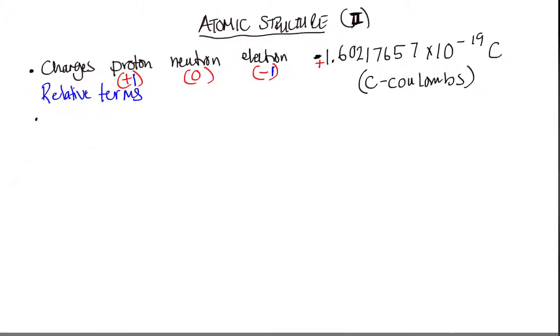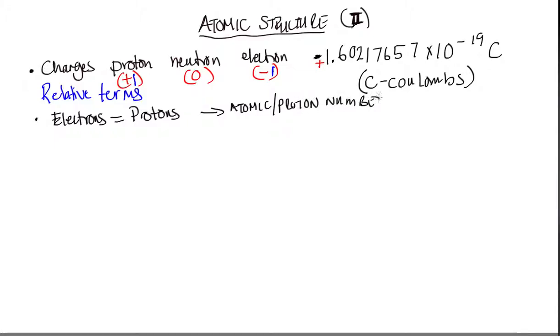Now the next idea I'd like to look at is what we say about the number of electrons and protons. The truth is that the number of electrons is equal to the number of protons, and we call this the atomic or proton number.